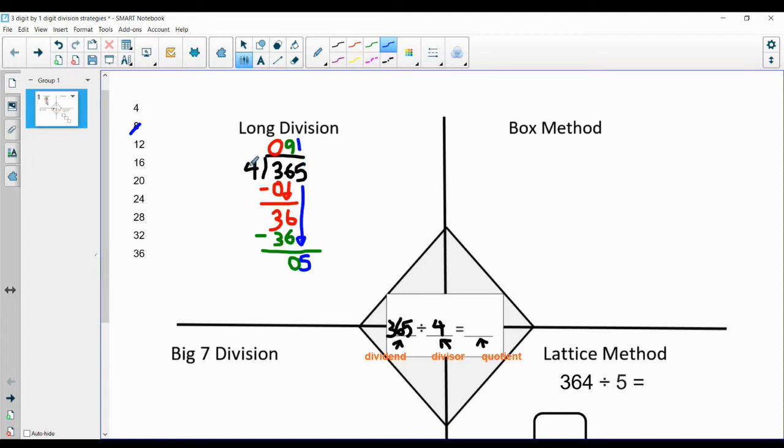Now I think 4 times 1 is equal to 4. 5 subtract 4 is equal to 1, so that's how many I have remaining. Therefore, 365 divided by 4 is equal to 91 with 1 remainder.